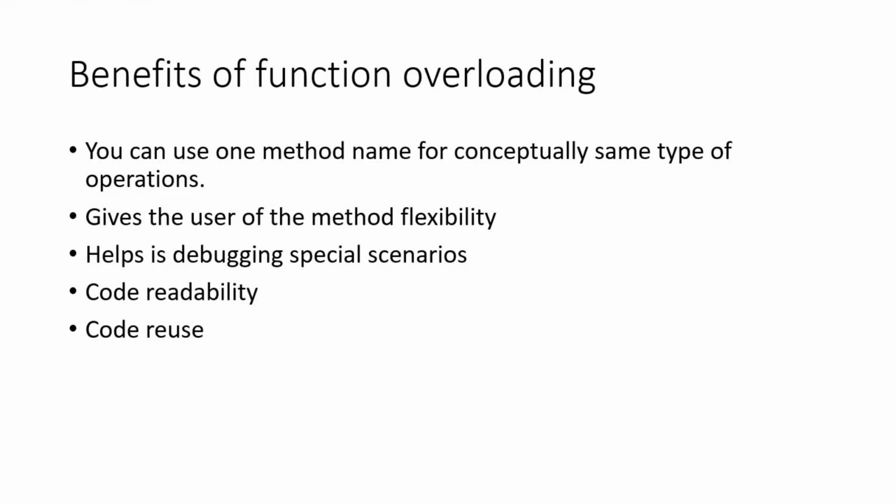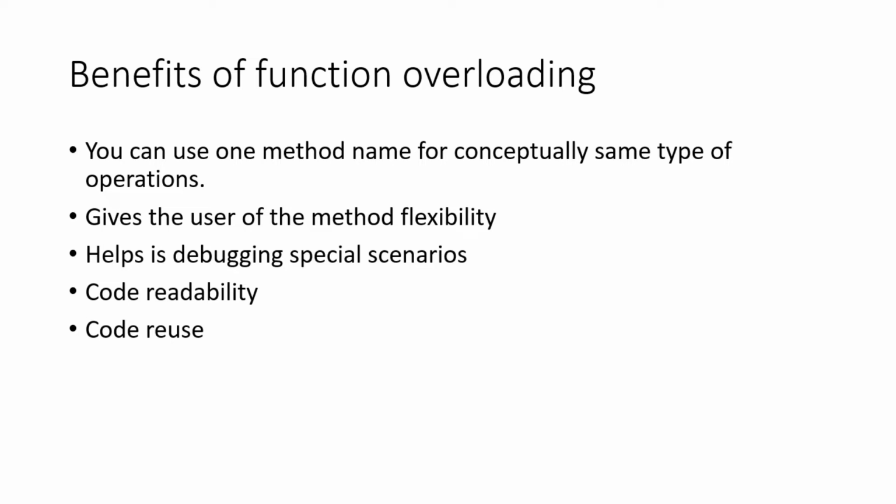Next up, that's overloading, right? What are we going to gain out of overloading? You can use one method name for conceptually the same type of operations. I was talking about a method that does addition, but you're overloading it. To the end user, it's quite obvious because the name of the method is still the same, but the parameters are changing.